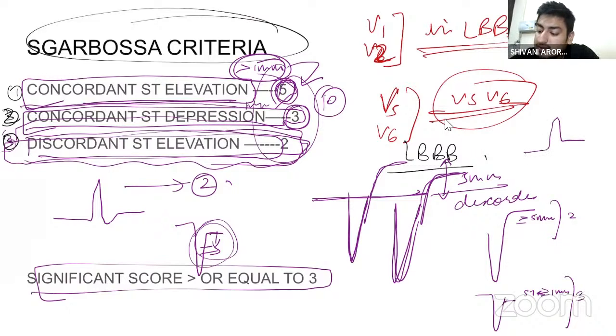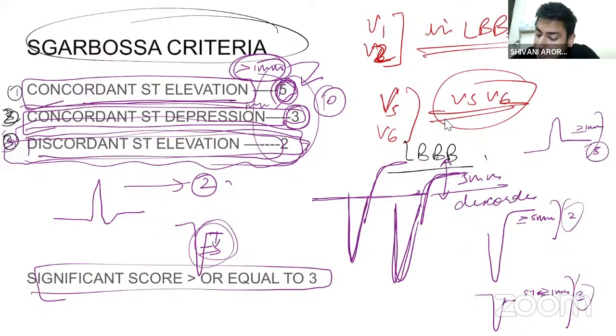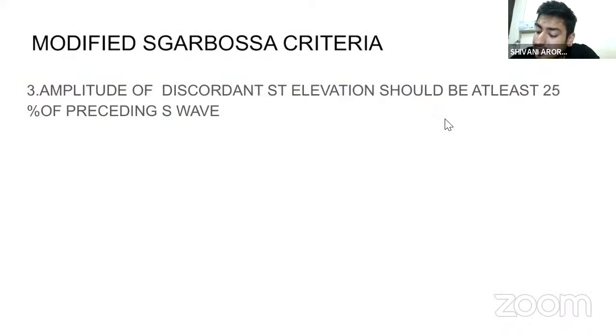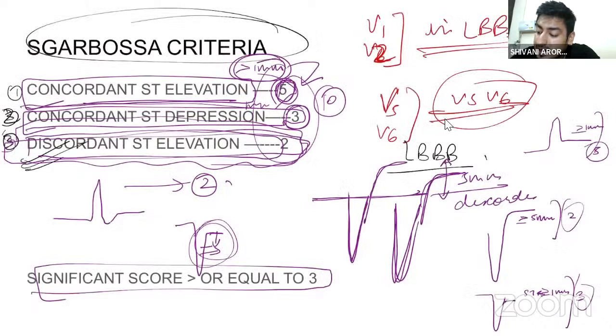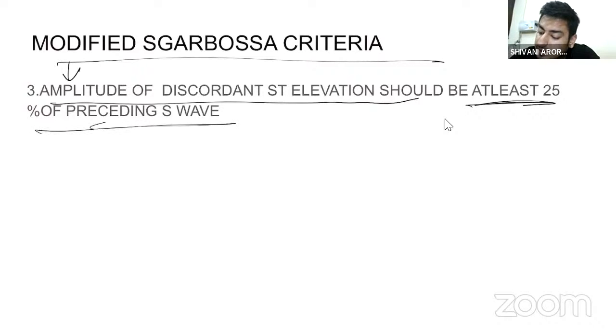Then we have the modified Sgarbossa criteria. In this third criterion, the discordant ST elevation of more than 5 mm is changed, and the actual criterion is that the amplitude of discordant ST elevation is at least 25% of the preceding S wave. Suppose this is QRS in lead V1 and the S wave is 20 mm here.